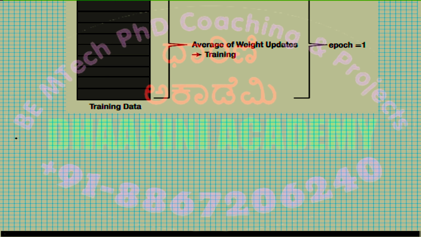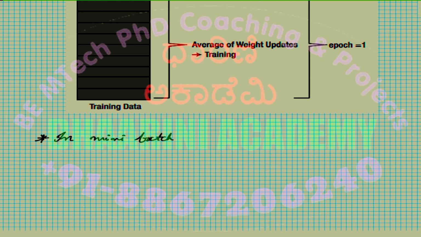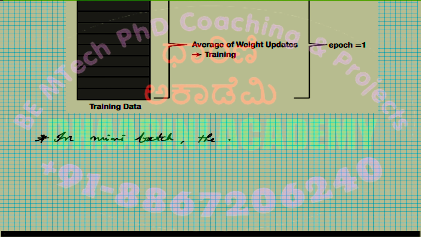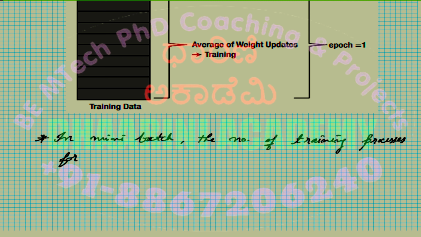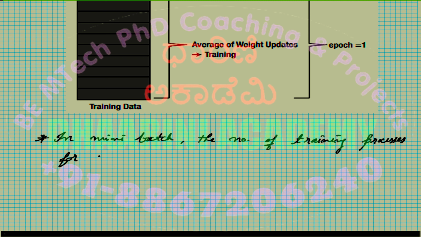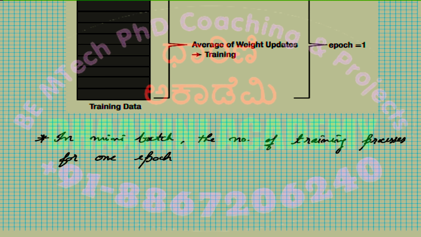So let me write that point now. In case of a mini batch, the number of training processes for one epoch varies.